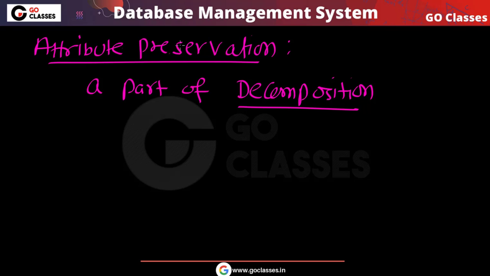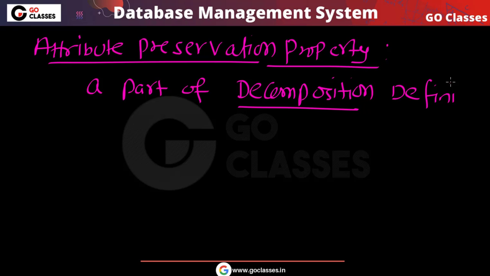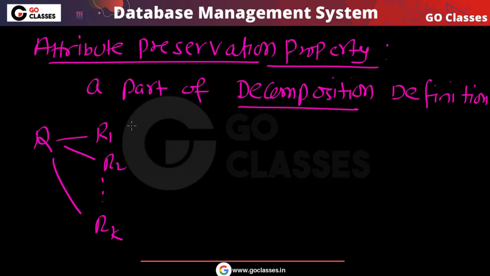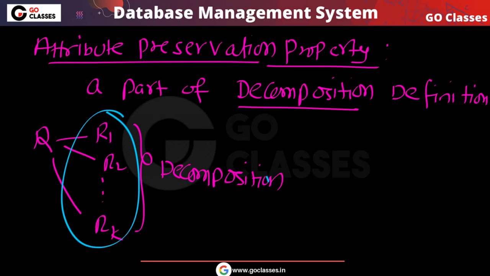So attribute preservation is a part of the decomposition definition. For any decomposition you take, if you have a relation R which you are dividing into R1, R2 and so on up to Rk, and you say that this is a decomposition, it means that all the attributes must be preserved.